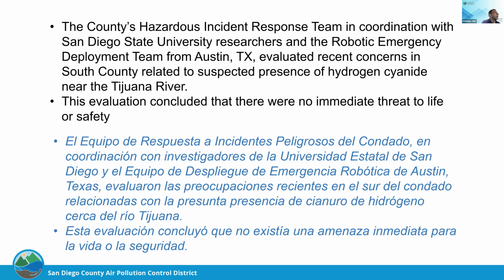The County Hazardous Incident Response Team was deployed to assess this situation and was able to confirm that there was no threat to life or safety from hydrogen cyanide in the air. This was clarified with the research group and with the media, and we wanted to reiterate this message in case people are still wondering if this is an ongoing issue. With that, I will turn it over to my colleague, David Soderman, to provide an update on our monitoring activities.